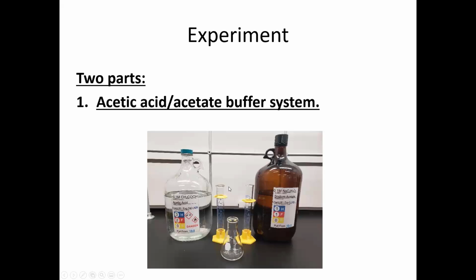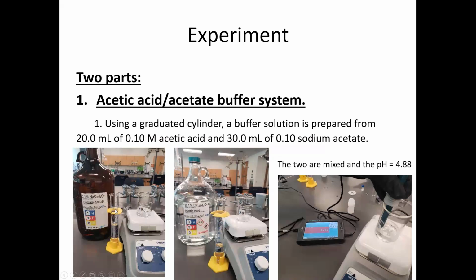So let's look at the first one. We'll use 0.1 molar acetic acid and 0.1 molar sodium acetate. We use a graduated cylinder, add 20 ml of 0.1 molar acetic acid and 30 ml of 0.1 molar sodium acetate together to form this buffer system.